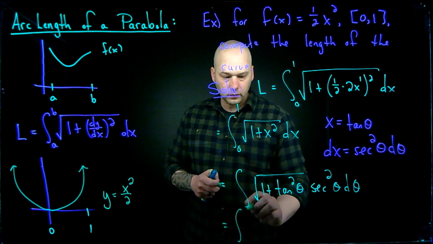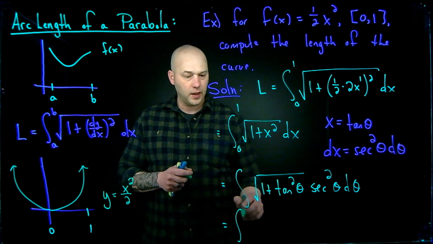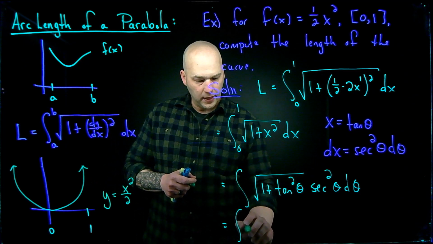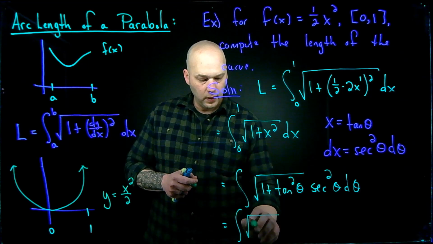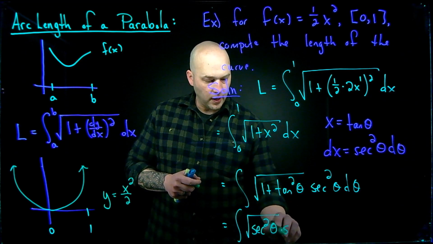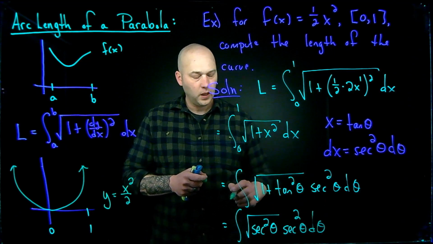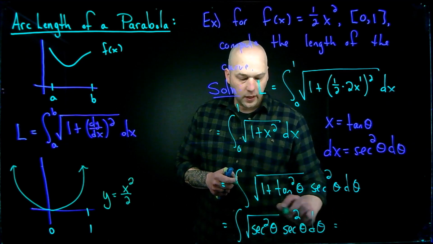Now, 1 plus tan squared, using the Pythagorean identity, is the same thing as secant squared. Therefore, my integrand becomes the square root of secant squared theta, times secant squared theta d theta. And in this case, this does actually reduce, right?